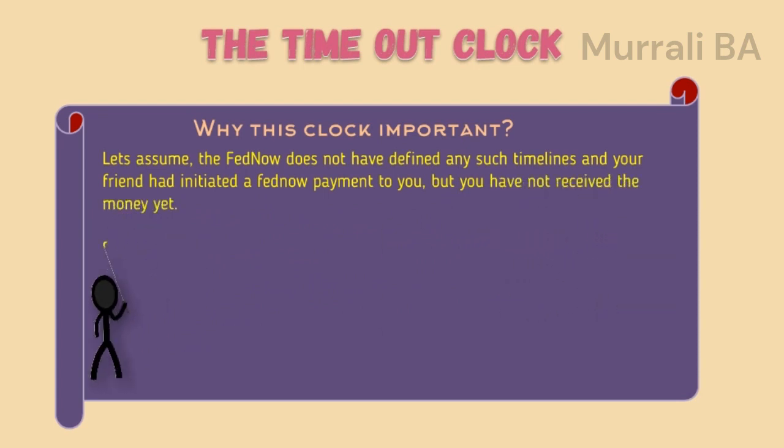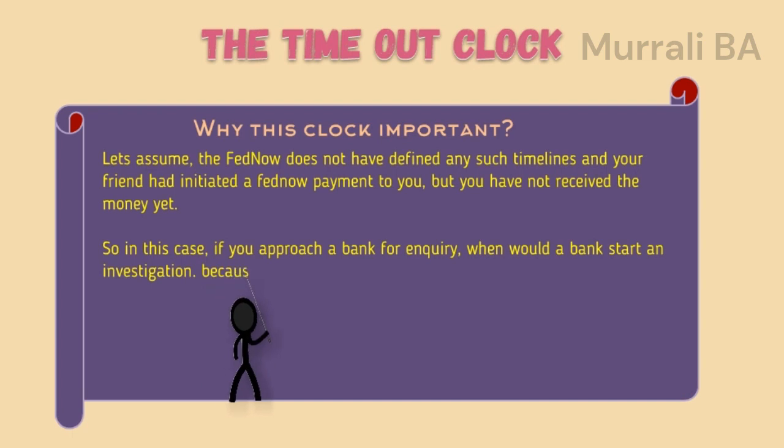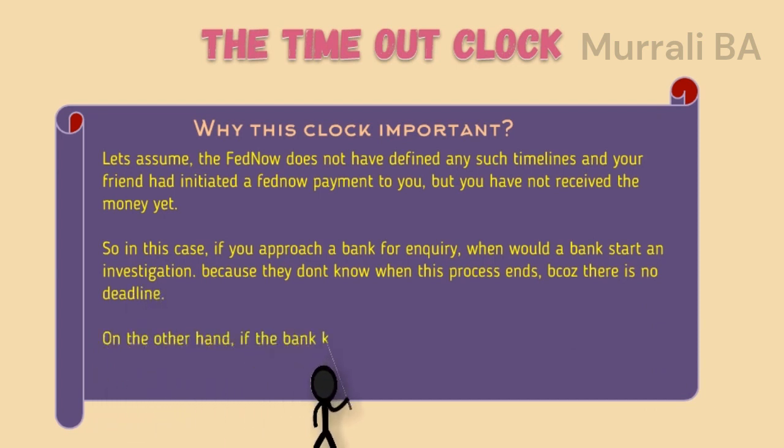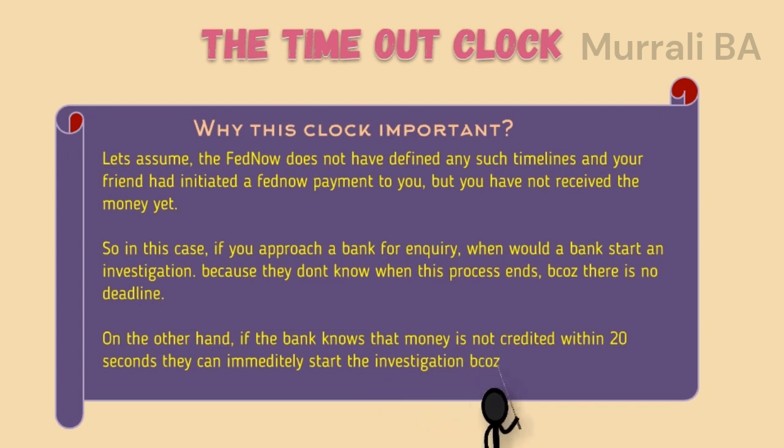In this case, if you approach a bank for an inquiry, when would the bank start an investigation? They can't, because they don't know when this process ends, because there is no deadline. On the other hand, if a bank knows that money should be credited within 20 seconds, they can immediately start the investigation, trying to find why the money is not credited yet, because now they know the deadline.